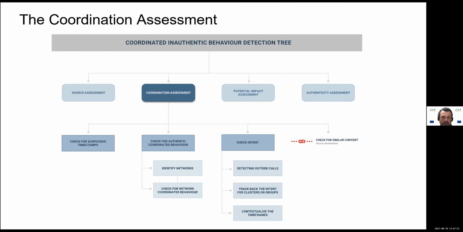If you track the context of the activity of the network, you can also check for calls for coordination. For example, on one platform, there are groups calling for coordination on another platform.